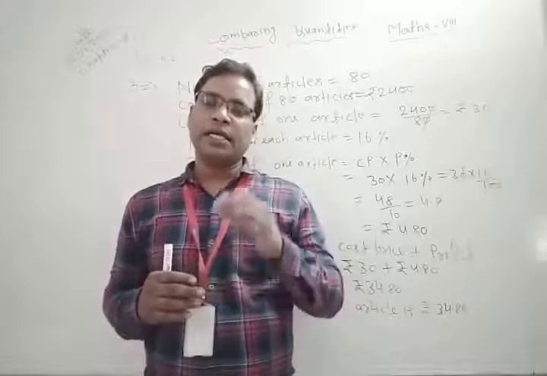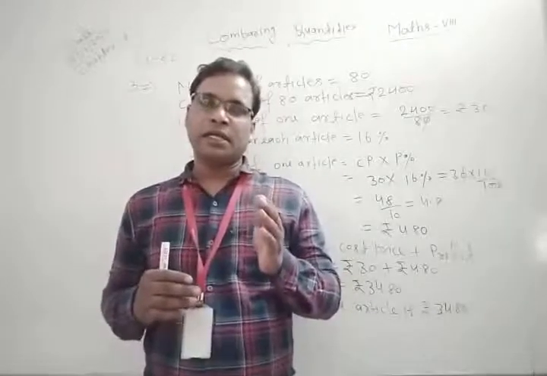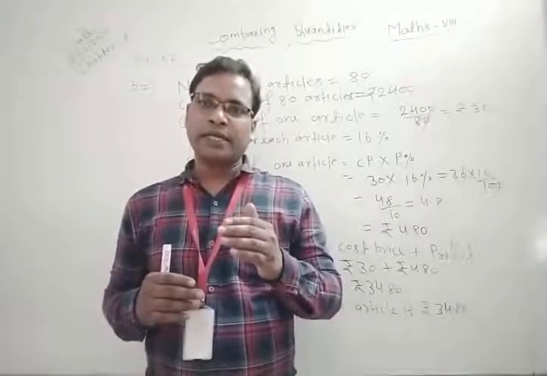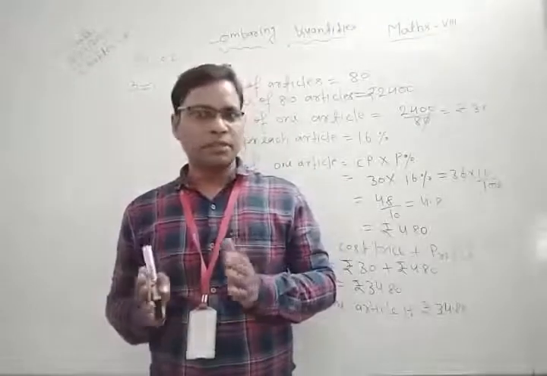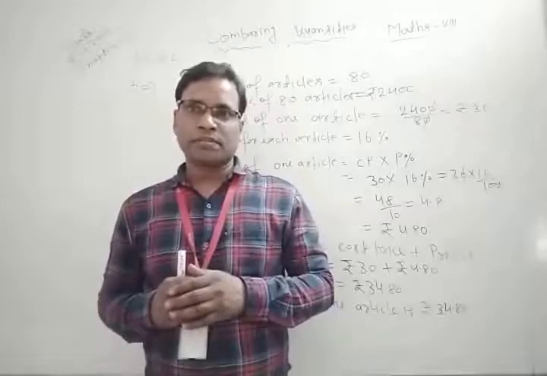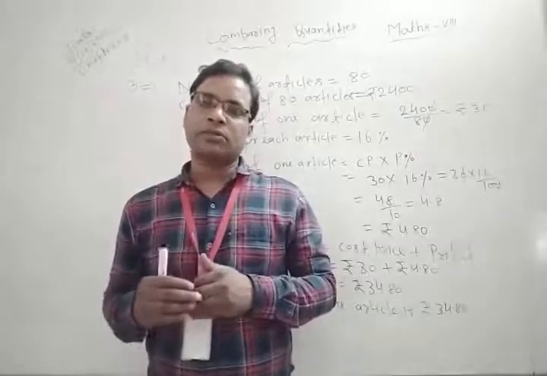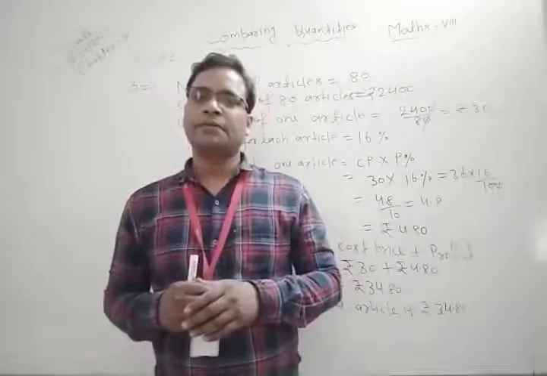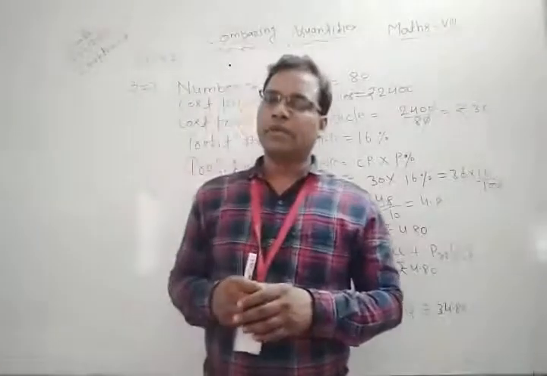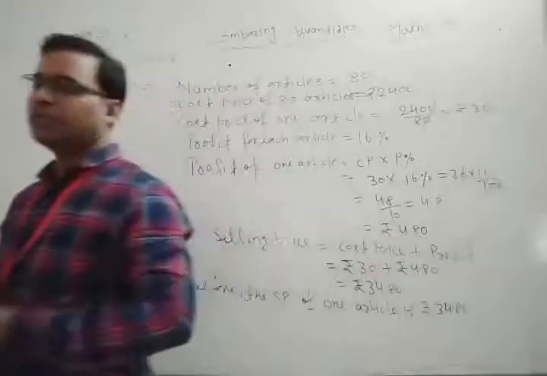After this, he spent 450 rupees to repair it. So if we sum them, we find the total cost price, and after this he sold it at a 15% profit. Then we need to find the selling price. So let's see how to solve this question.